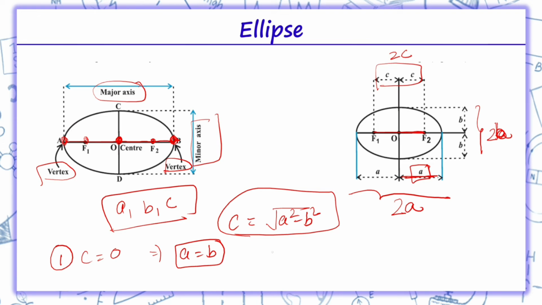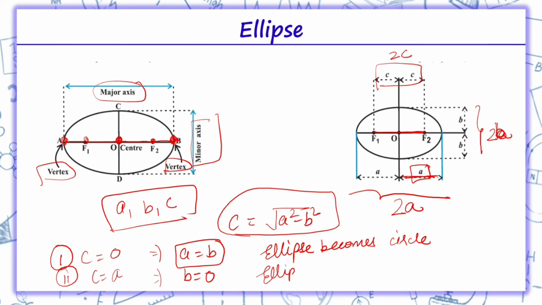The second case is when c equals a. In this case b becomes 0, and the ellipse reduces to a line segment.